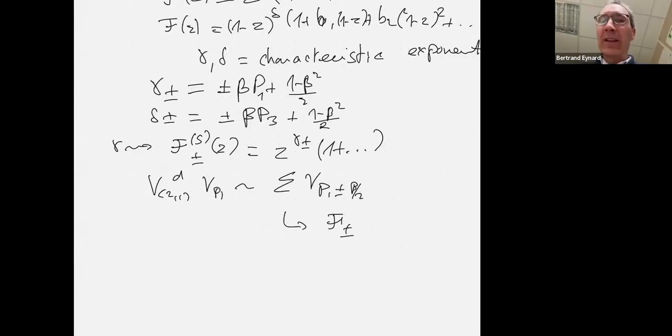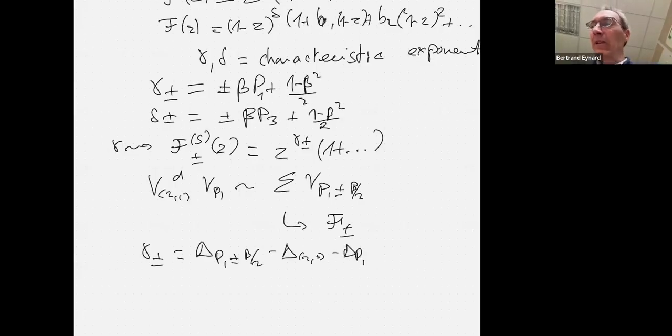In fact, these exponents gamma plus minus are just delta P1 plus minus beta over 2 minus delta 2,1 minus delta P1. So the solutions of this BPZ equation are really related to the terms in the operator product expansion. Similarly, the solutions corresponding to characteristic exponents delta near z equals 1, I would want to call f tilde plus minus of z.